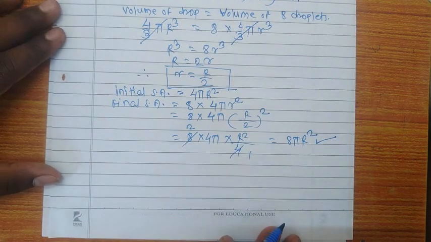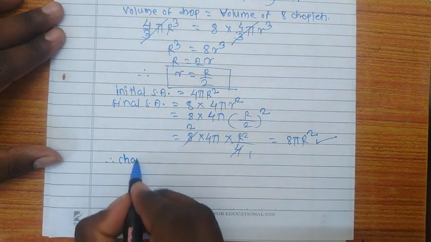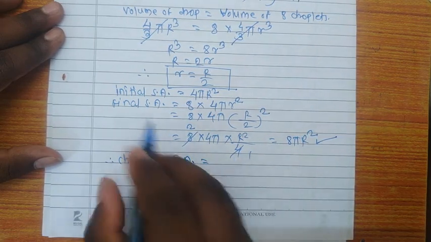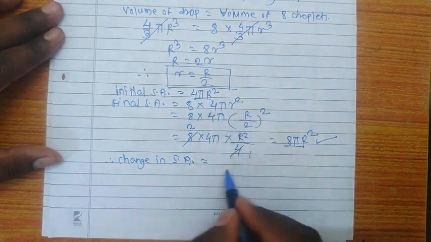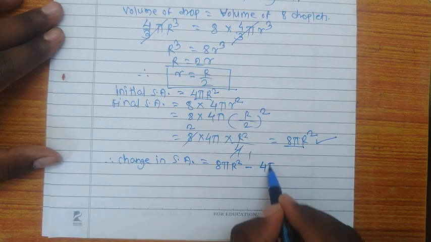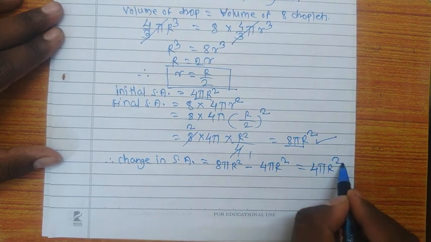So first of all, we'll find the change in surface area. So therefore, change in surface area is equal to final minus initial. Final is 8 pi R square minus initial is 4 pi R square, which will be equal to 4 pi R square.